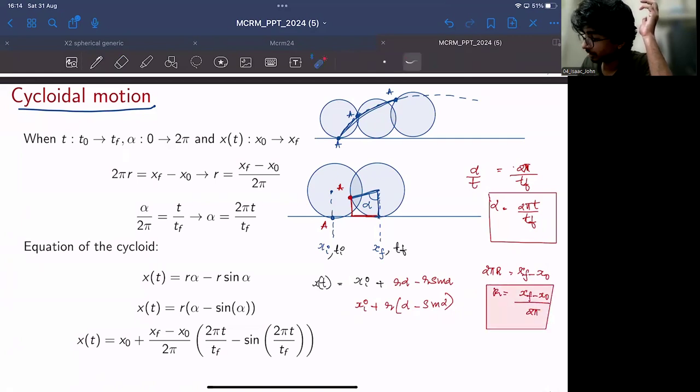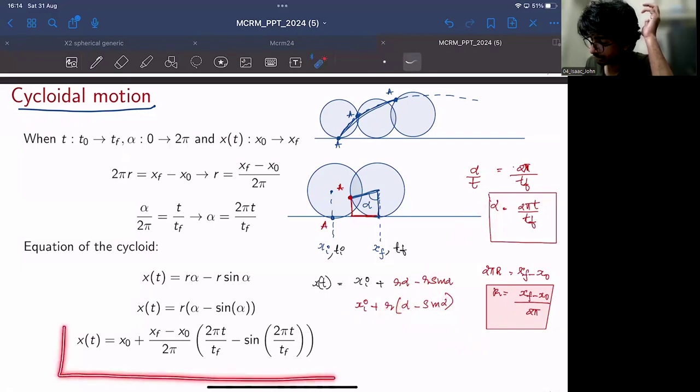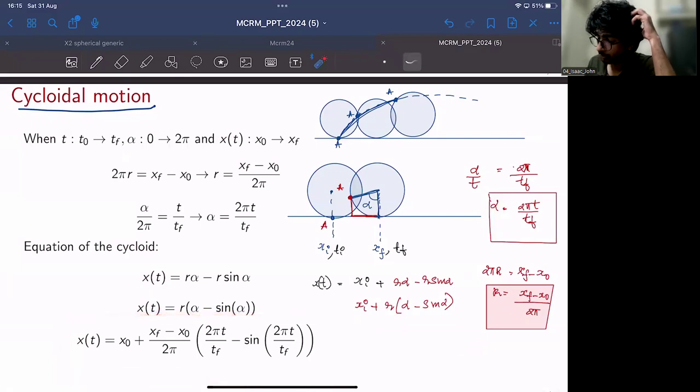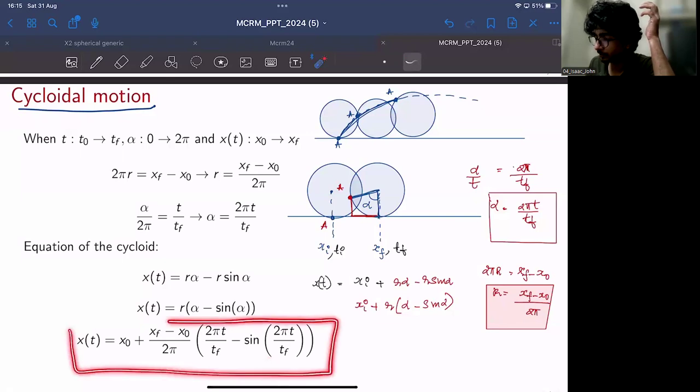So if you substitute this r and this alpha into this equation, at the end you will get this final expression. X of t is x of 0, the initial position, plus r multiplied by alpha minus sin alpha. So that is the governing equation for a cycloidal motion.